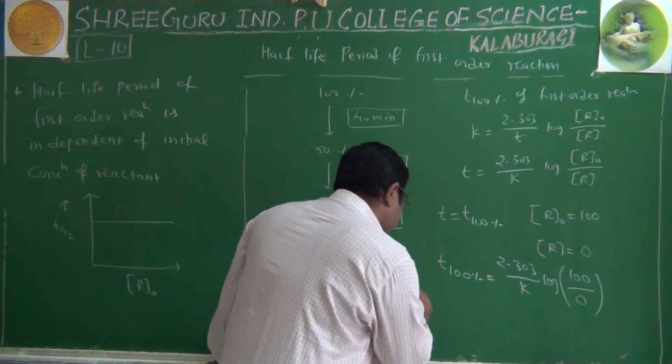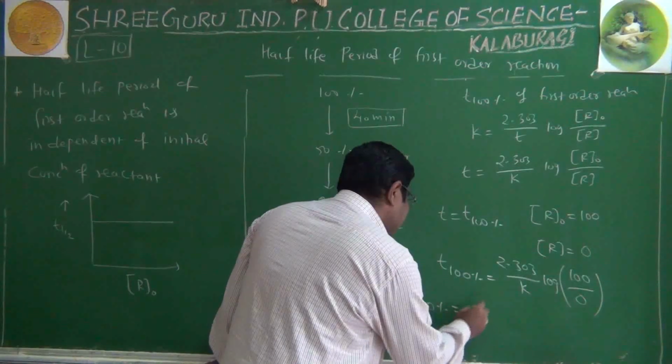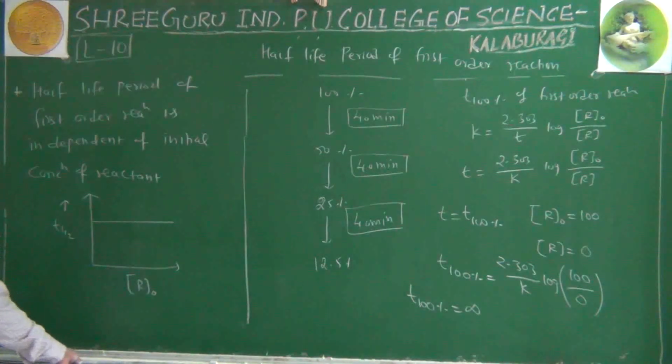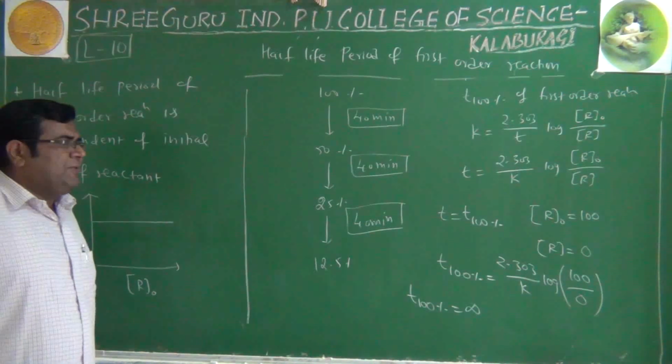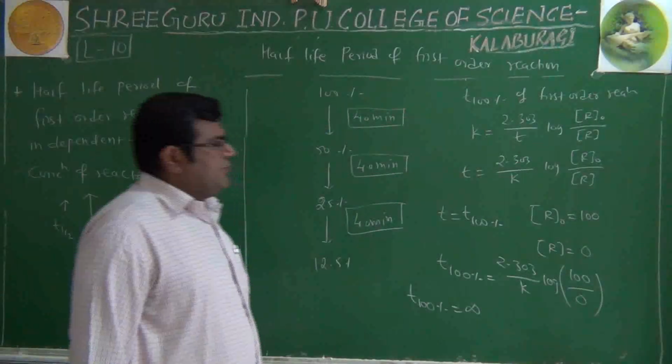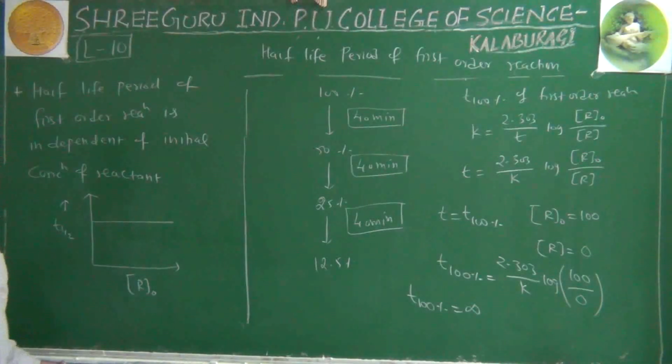So we can say that t100% of a first order reaction is infinity. It takes infinite time to completely convert the reactant to product. 100% disappearance of reactant takes infinite time because of the kind of relation we have obtained in the integrated rate equation.